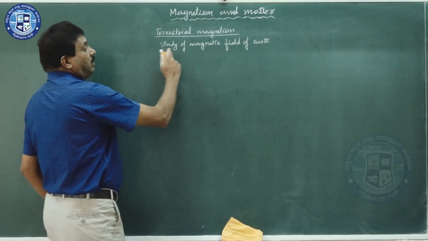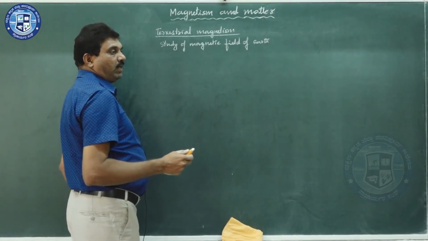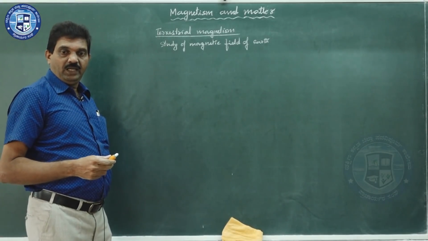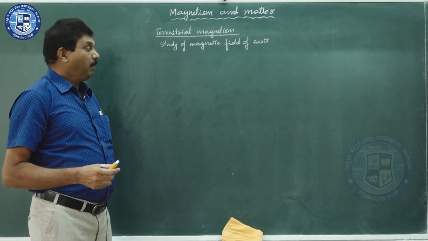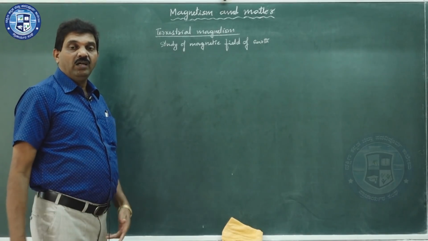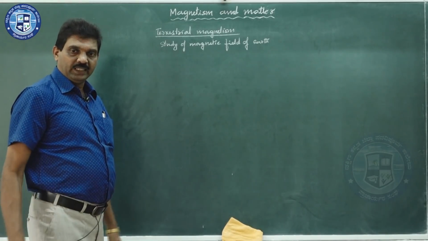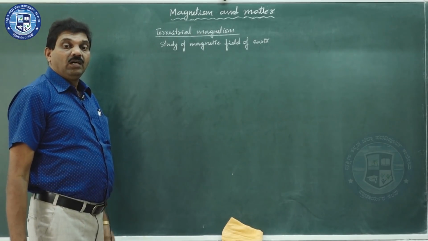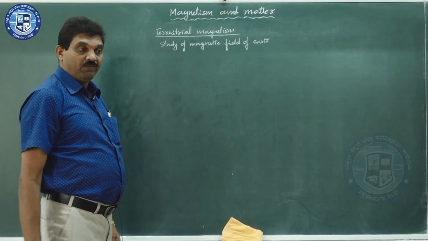In the study of the magnetic field of earth, first of all it is imagined, nobody has concluded it, but it is imagined that earth has a huge magnet inside it. So, that is why earth also produces magnetic field.